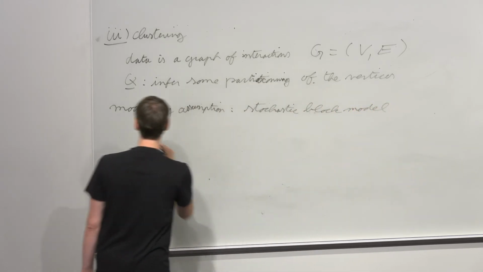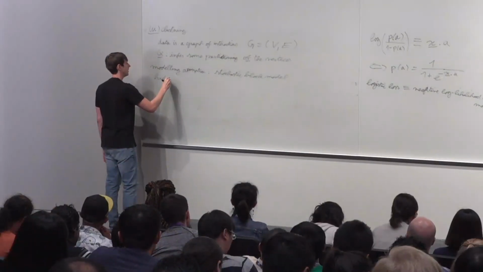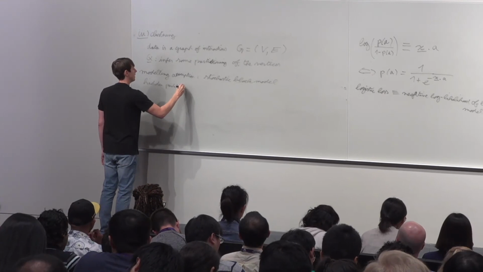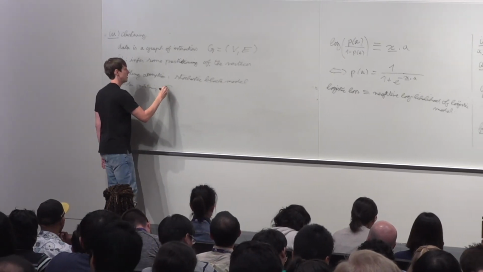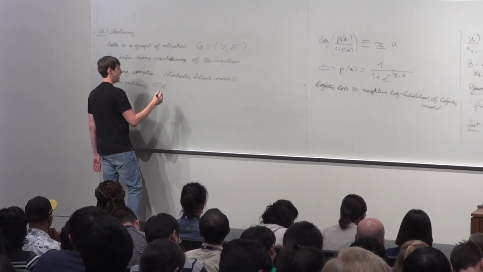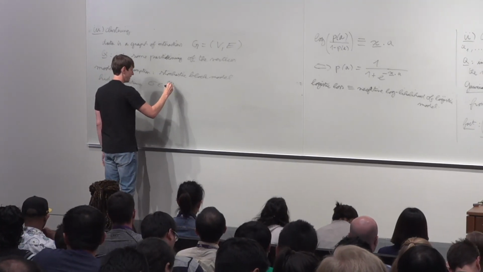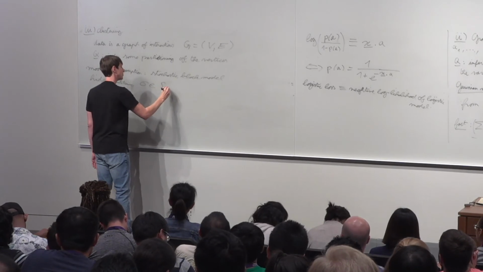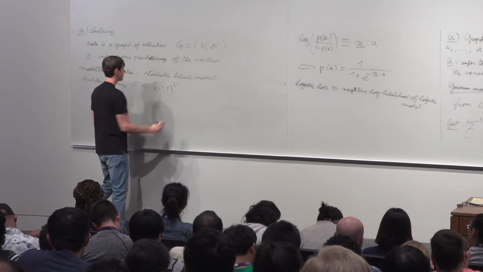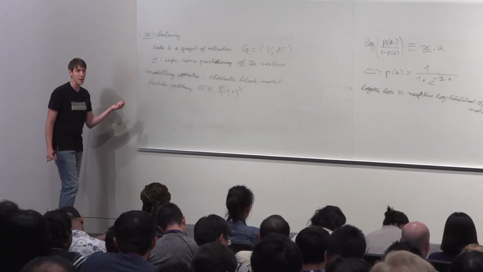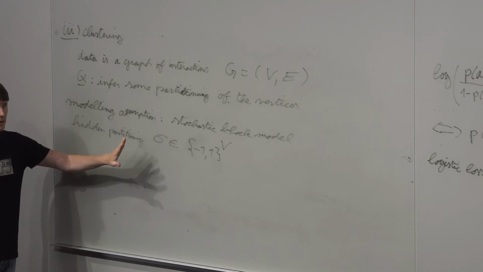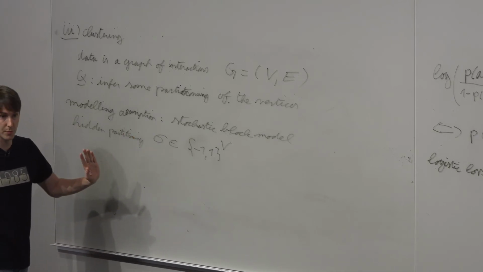There is a hidden partitioning sigma, which is in -1, 1 to the V. So to every vertex, I assign a label -1 or +1. It's either in one group or the other. And I don't know this hidden partitioning. This is my modeling assumption. There is such a hidden partitioning.